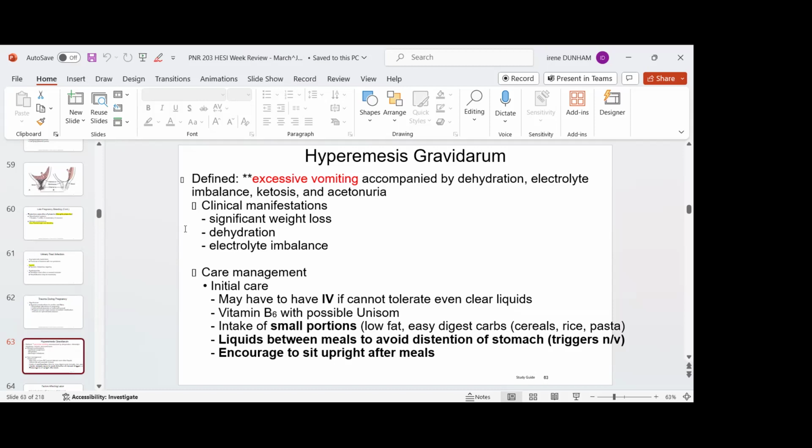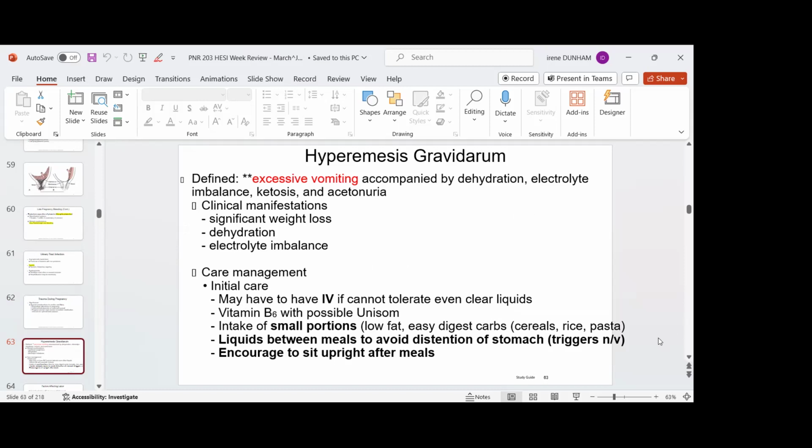You see significant weight loss. They come in, they can't eat or drink, nothing. They're very fatigued, and so usually we put them in the hospital with IV management, and then give them maybe some vitamin B6 and small portions of easily digestible carbs, and then liquids between meals.